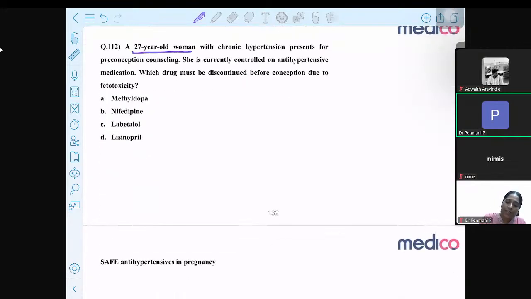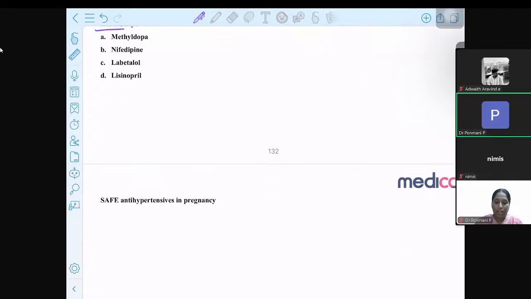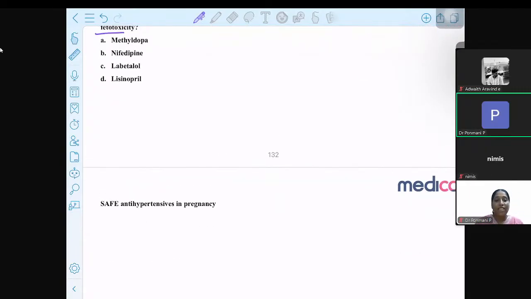A 27-year-old woman with chronic hypertension presents for pre-conception counseling. So that means pregnancy with hypertension is going to be the question. Which drug must be discontinued before conception because of fetotoxicity? So you need to know the drugs which are safe in pregnancy, safe antihypertensive drugs in pregnancy.